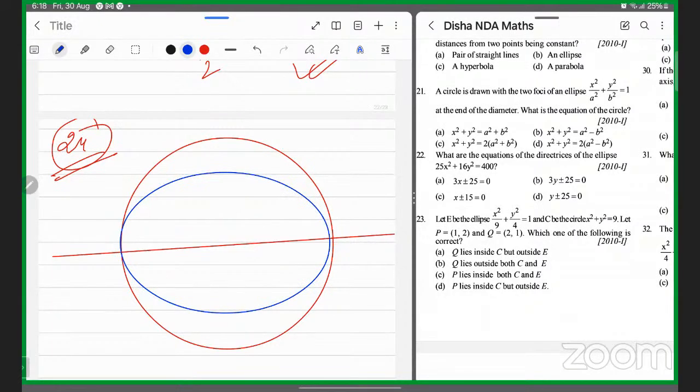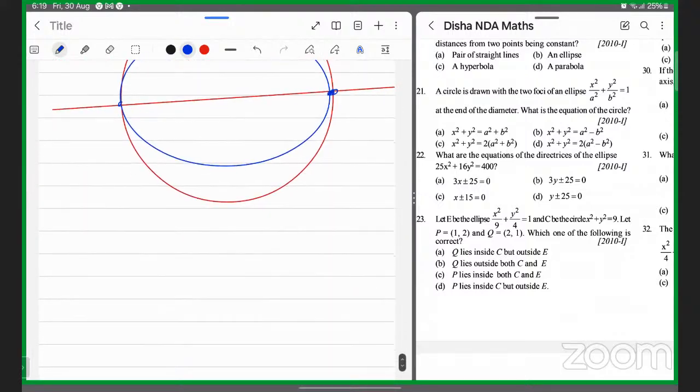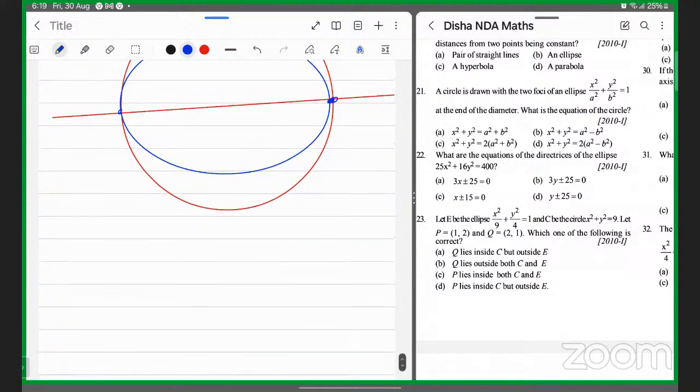Okay? So you should think this is the point. Let there be point P and point Q. Which one of the following is correct? Does the Q point lie inside? You have to test both.